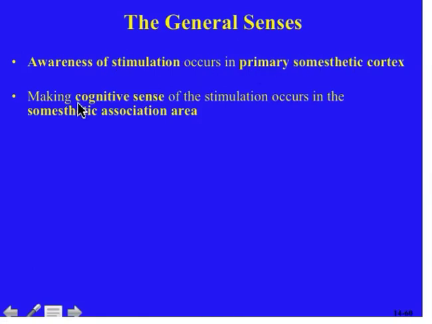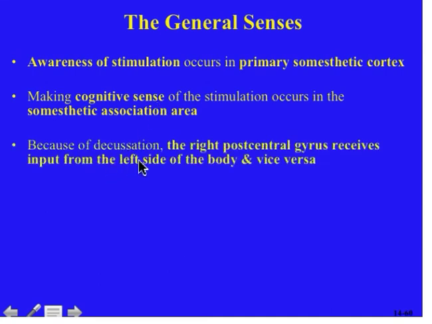And then what information was received by the cortex, making sense out of it, is the job of the association area. And you'll find this is generally the case with association areas, as they take information and they organize it. Because of decussation, the right postcentral gyrus receives input from the left side of the body and vice versa.